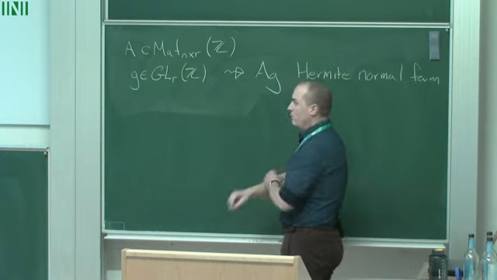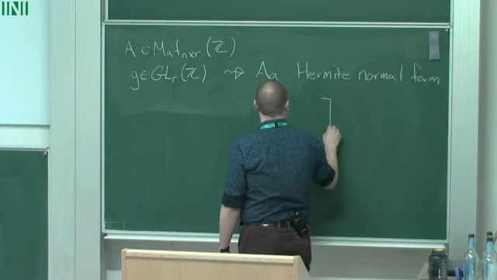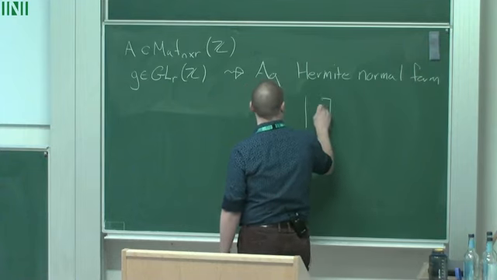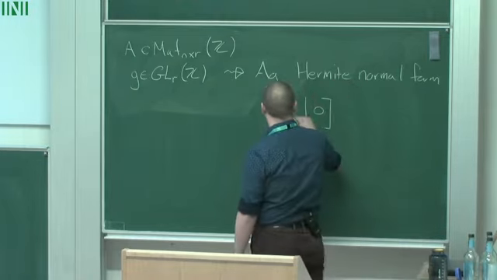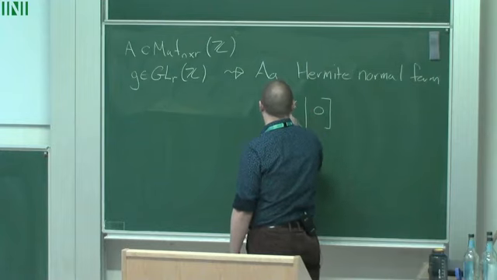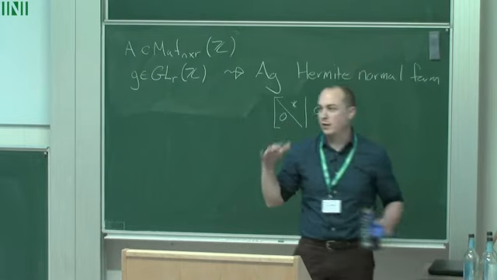The Hermite normal form will look something like this. You'll have possibly a bunch of zeros on the right, and then you'll be triangular on the other side, upper or lower, whichever way you want to do it.